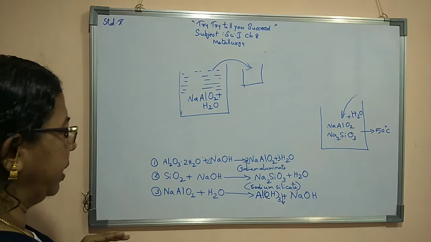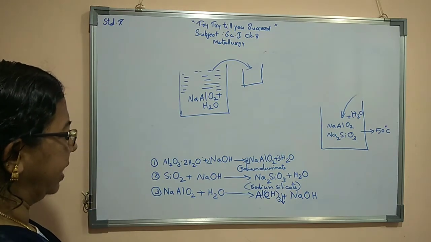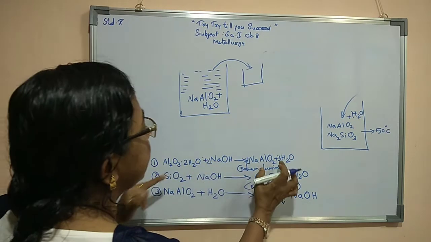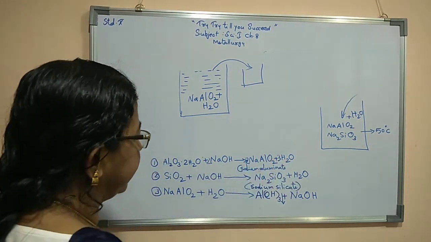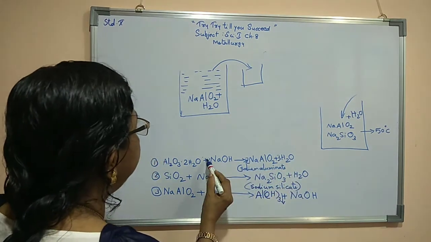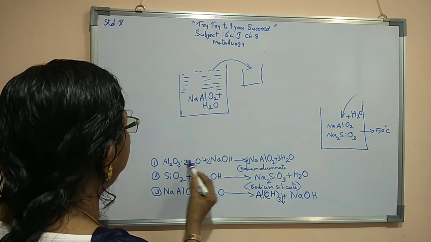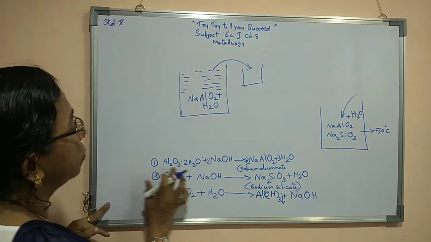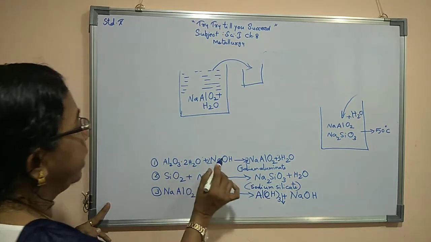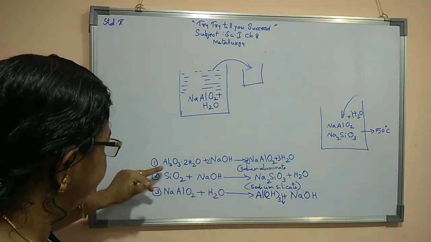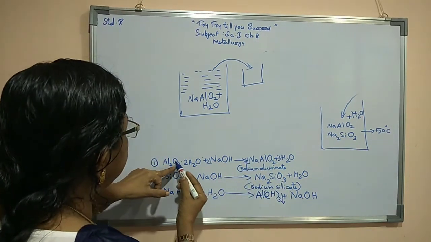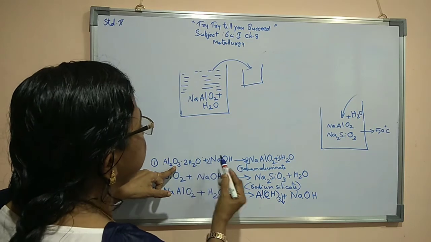Now let us see how it is coming. Hydrogen's number also we need to see. I think it is balanced now. 2 2s are 4, 4 plus 2, 6. Here 3 2s are 6. 6 hydrogen. Then oxygen: 2 2s are 4, 4 plus 3, 7. Here 2 plus 2, 4, 4 plus 3, 7. Aluminium 2, aluminium here 2. So the equation is balanced. Once again, aluminium 2 and 2, oxygen 3 plus 2, 5, 5 plus 2, 7.